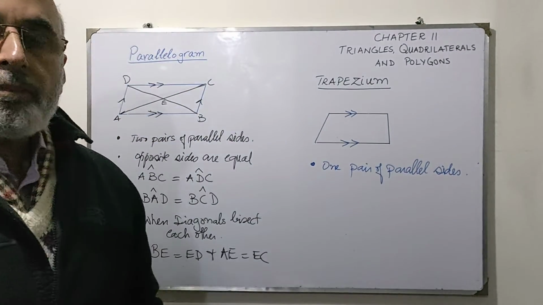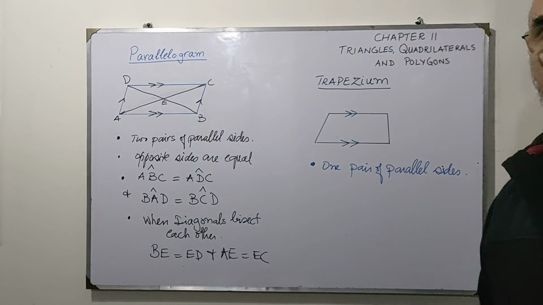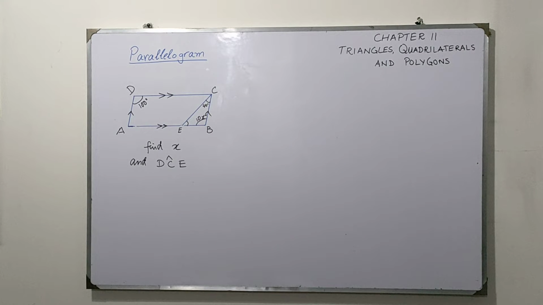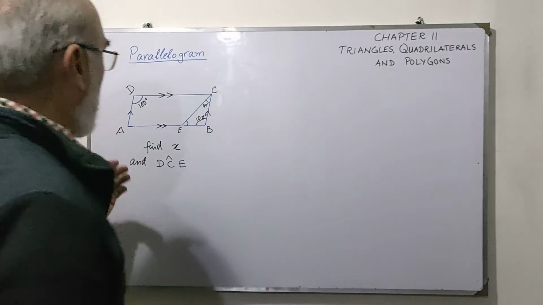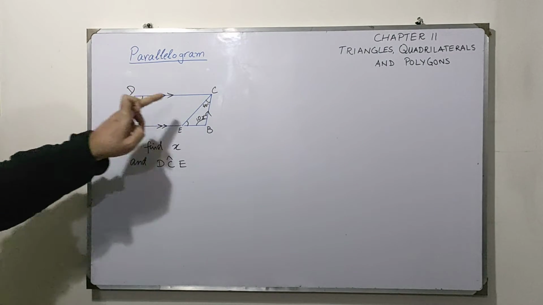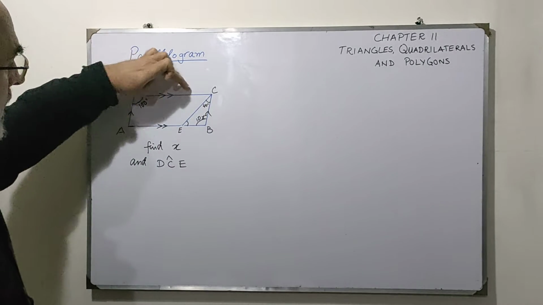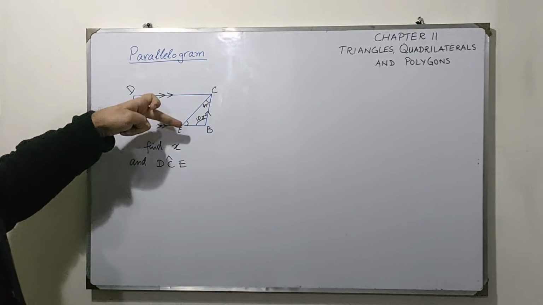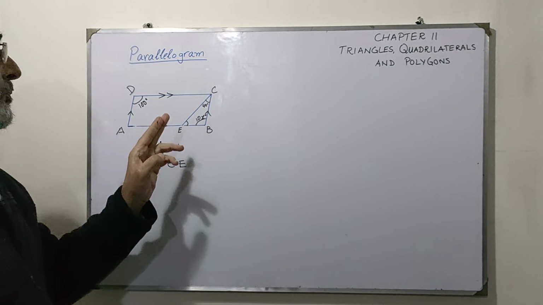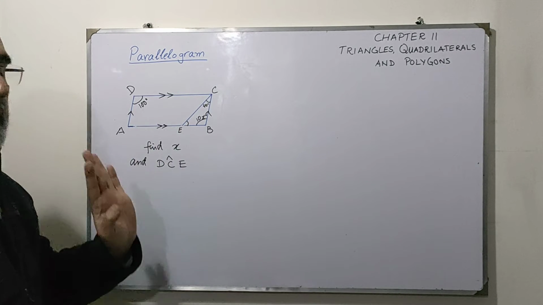Okay, so now let's do an example each of the parallelogram and trapezium, and see how to solve it. Okay, we have a parallelogram here. ABCD is a parallelogram. Opposite sides are parallel, and since DC is parallel to AB, there is one transversal CE, and this transversal is making a certain angle here.